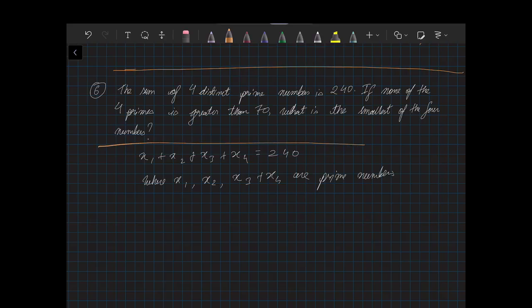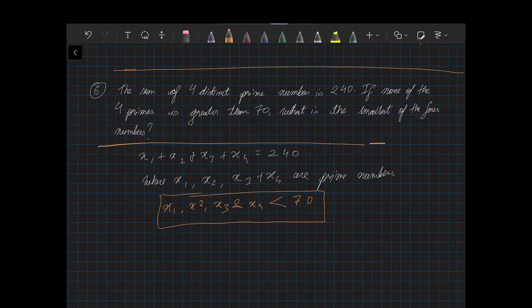And we are also given that x1, x2, x3 and x4 are all smaller than 70. So all these prime numbers have to be less than 70. So we have to figure out the smallest of the 4 numbers.